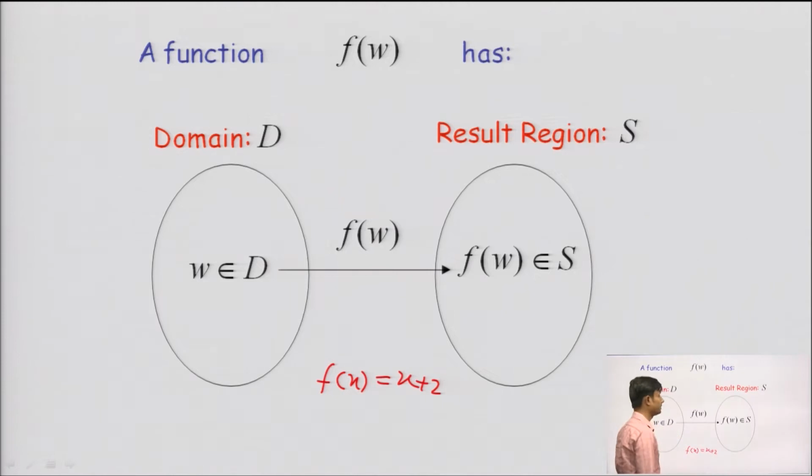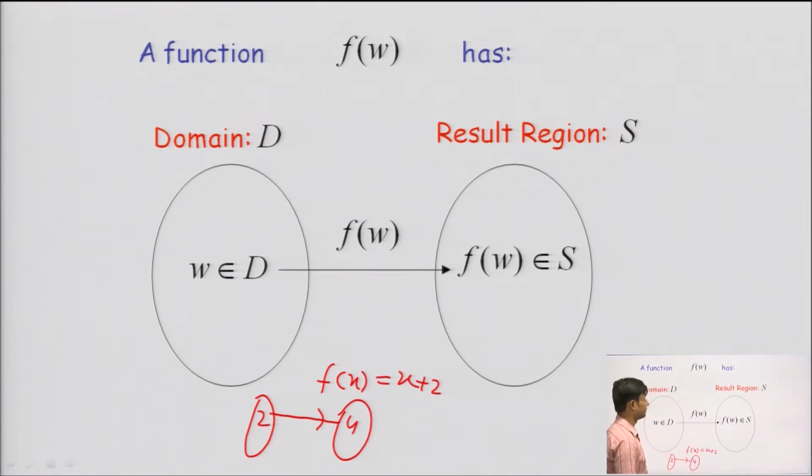This means we take some x value, suppose x is 2, then the result will be 4, in the result region. So this is the function, and this function will give some value.